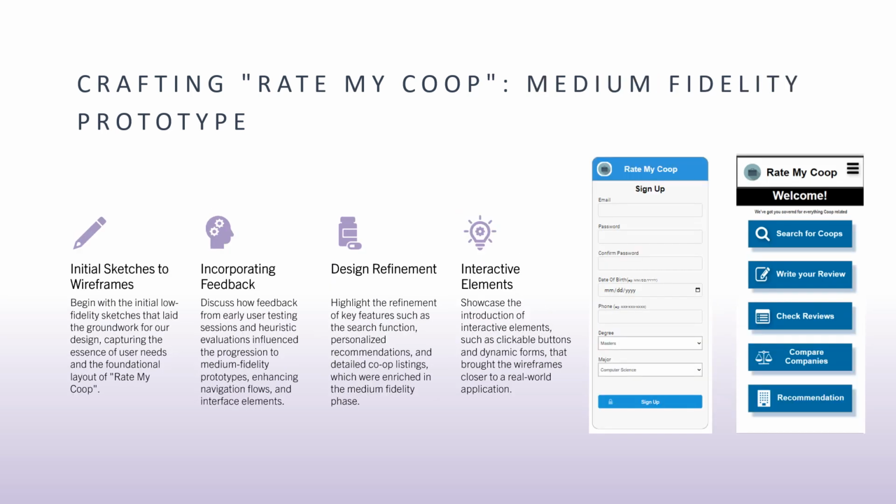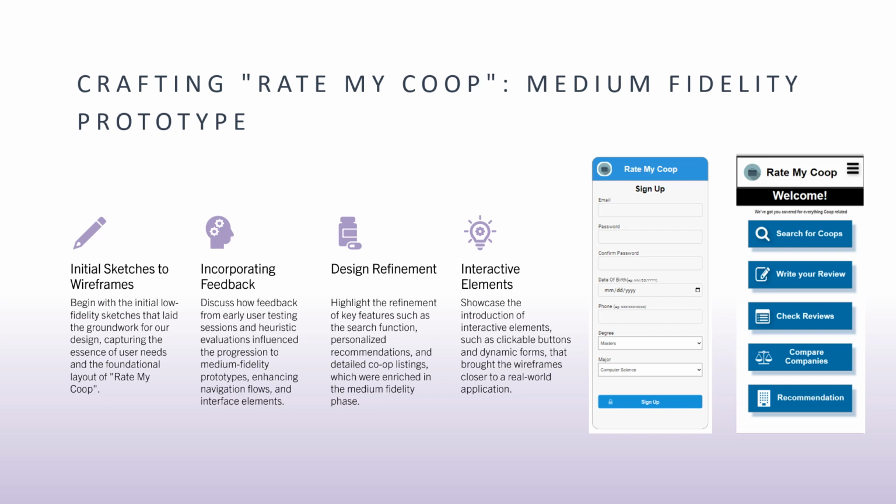An integral part of our journey was the continuous loop of feedback and evaluation, crucial for transforming our concepts into a user-friendly interface. We regularly arranged sessions with Northeastern students, gathering direct insights that informed every design choice we made. Their voices were not just heard, but actively shaped the app, from the layout of buttons to the structure of review forms.